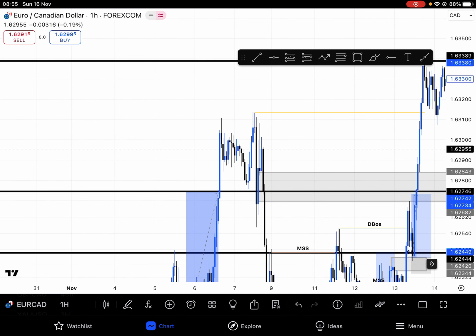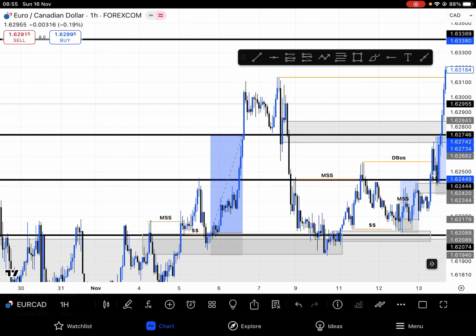After this resistance zone, it came back. So that is why I added the support and resistance levels to my system.